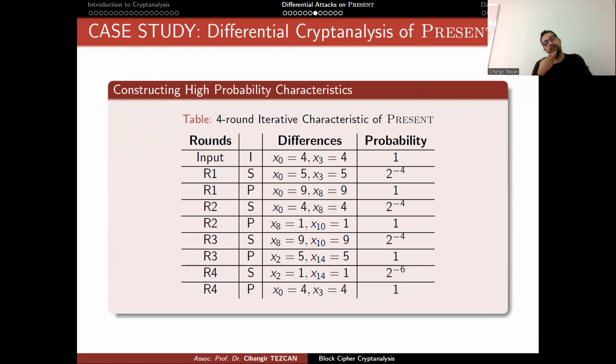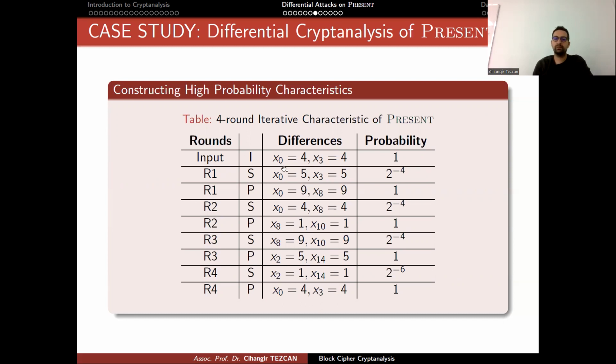So in literature, there are some long distinguishers for differential characteristics for PRESENT. One example is this 4-round iterative characteristic. I will explain what it is, and I will explain why I call it iterative. Okay, so it says to choose 2 inputs so that their input difference is only on these 2 S-boxes where the difference is 4.